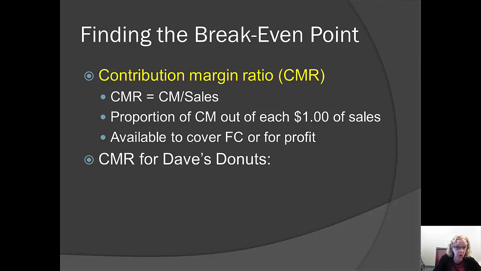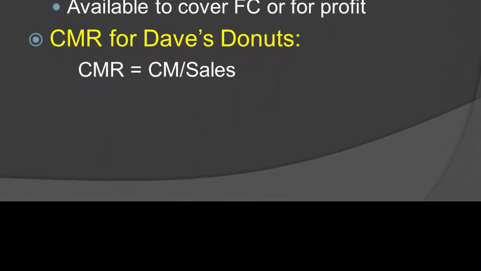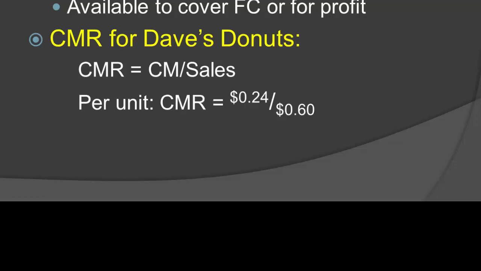So let's see how that works for Dave's Donuts. The formula for contribution margin ratio is total contribution margin divided by total sales. Or on a per unit basis, we could say it is the contribution margin per unit divided by the sales revenue per unit.